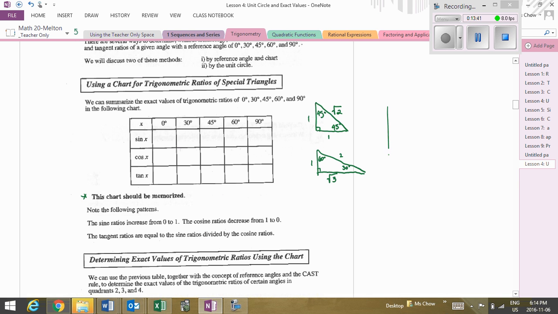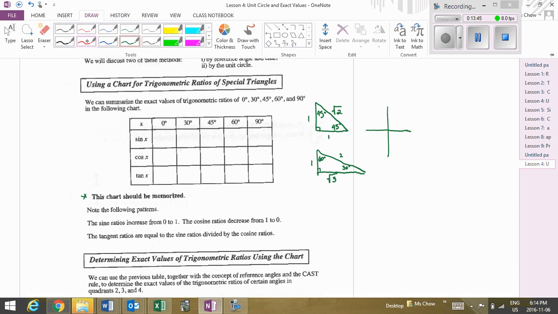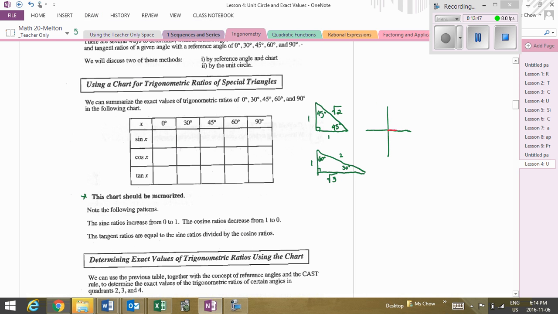As well, you would also need to know that if the terminal arm was on any of your axes with radius of 1, then what are those corresponding x and y values? So obviously we're looking at 1, 0, 0, 1, negative 1, 0, and 0, negative 1.